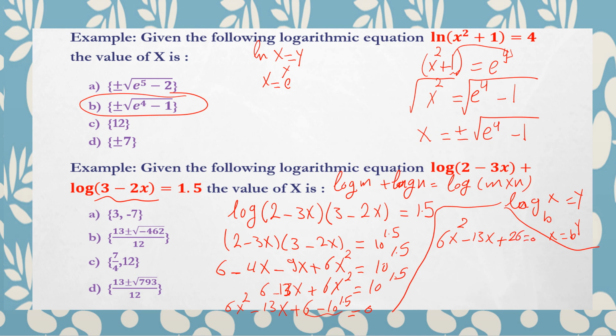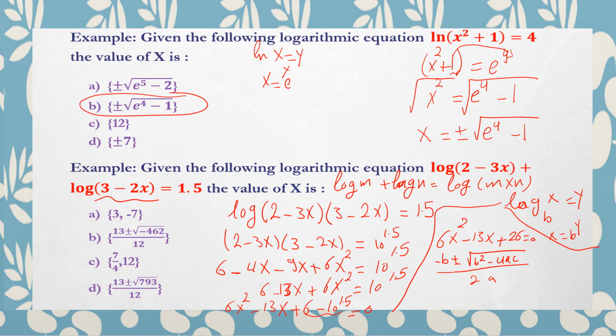This is the form of a quadratic equation, and we can solve this using the general quadratic formula, which says x equals minus b plus or minus square root of b squared minus 4ac over 2a.